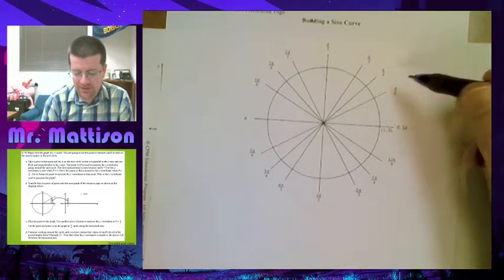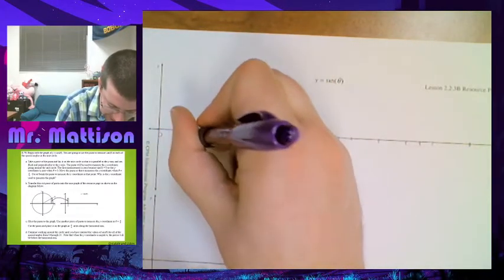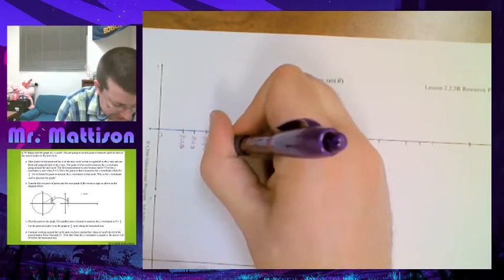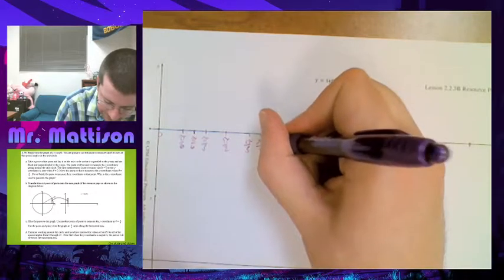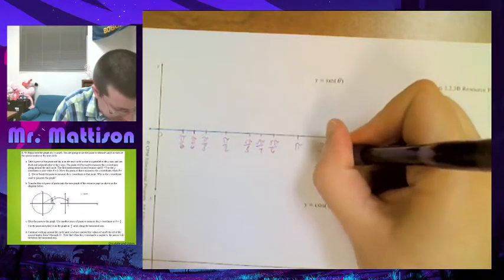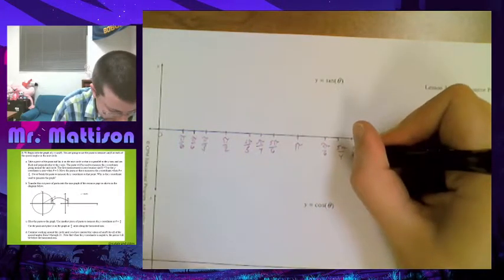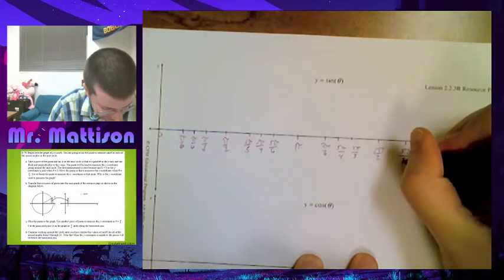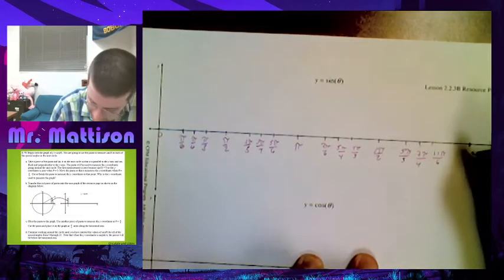So this is 0, pi over 6, pi over 4, pi over 3, pi over 2, 2 pi over 3, 3 pi over 4, 5 pi over 6, pi, and 7 pi over 6, 5 pi over 4, 4 pi over 3, 3 pi over 2, almost done, 5 pi over 3, 7 pi over 4, 11 pi over 6, and 2 pi.